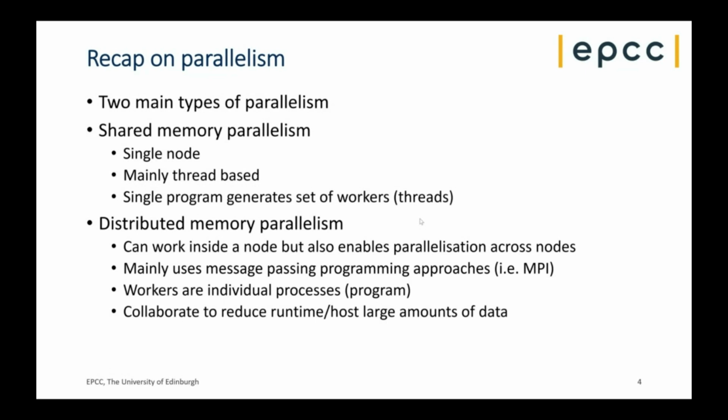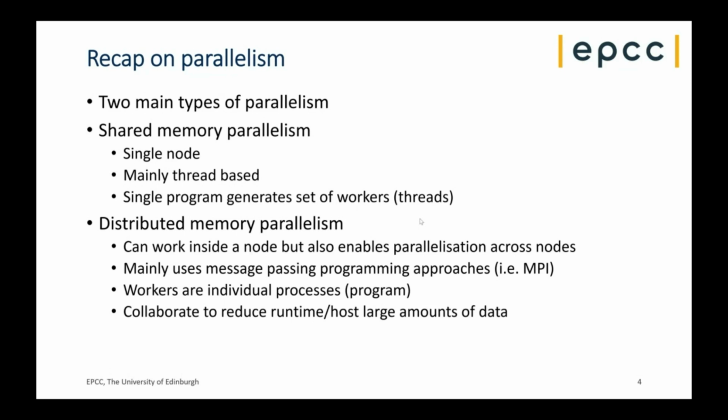Distributed memory parallelism is implemented mainly through what I've mentioned a few times, called the MPI communication library. Basically, distributed memory parallelism lets you send messages between individual workers. All those workers are separate running processes, so separate versions of the program, and they communicate with these messages backwards and forwards.